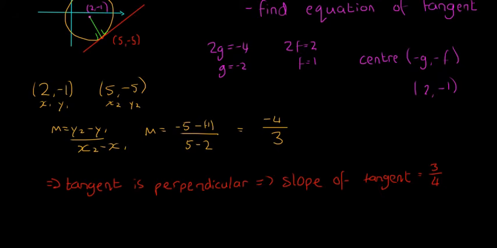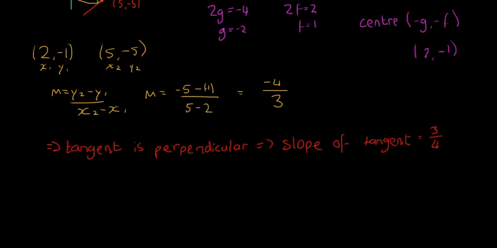Okay, so now we have enough information to get the equation of the tangent, because we have a point that the tangent goes through, this point here, 5 minus 5, and we have the slope of the tangent. That's all we need to get the equation of a line. So then we can say 5 and minus 5, that's x1 and y1. We can say m is equal to 3 over 4.